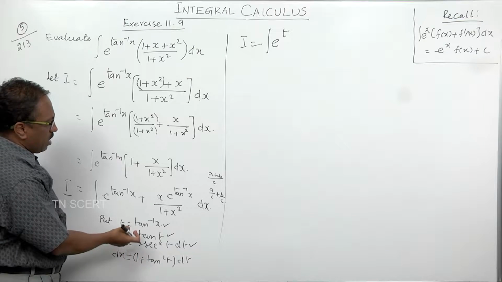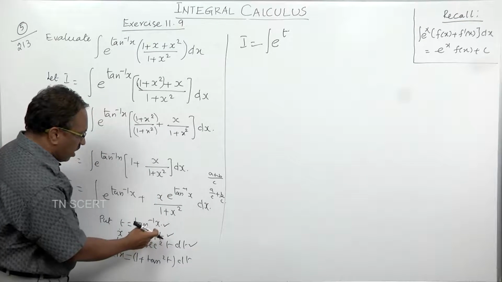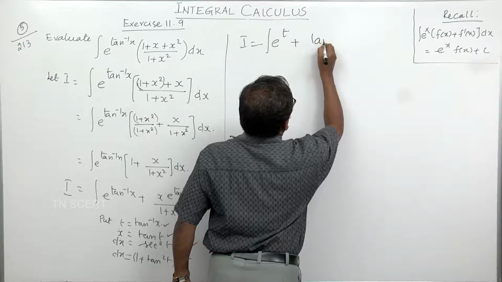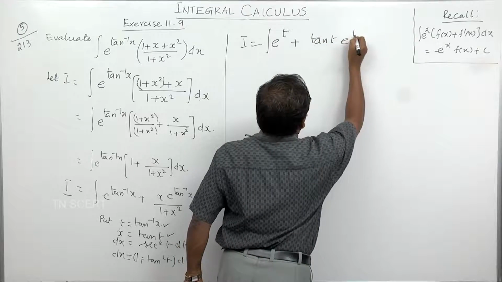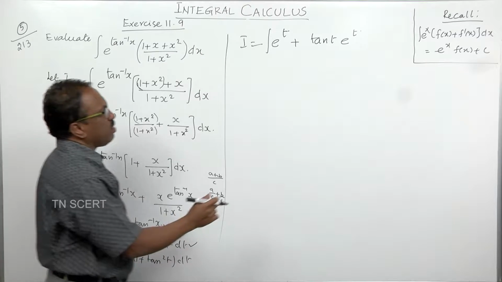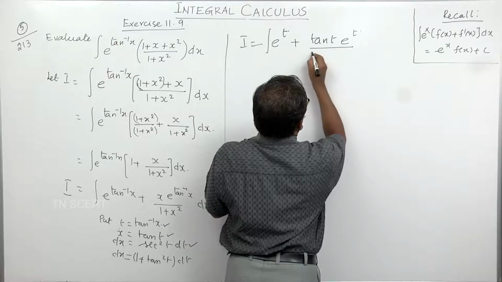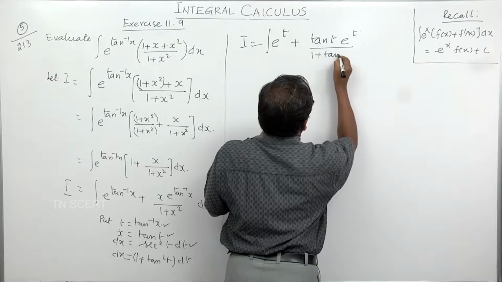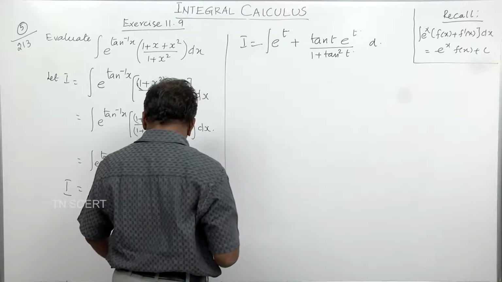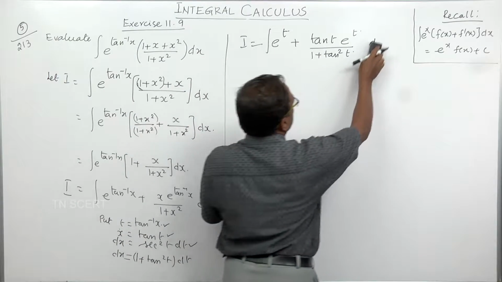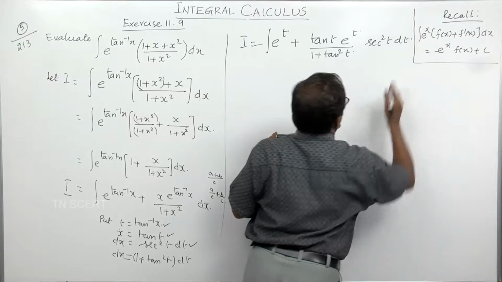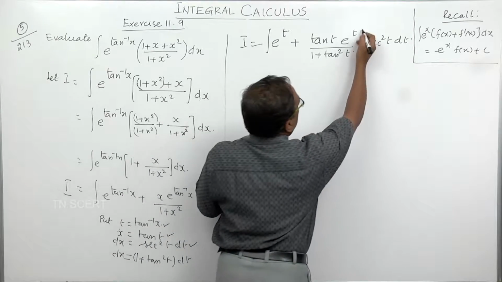So plus x, in the place of x, tan t: plus tan t into e power t by 1 plus x square, which is nothing but 1 plus tan square t, into dt, where dx becomes secant square t dt. That is the term.